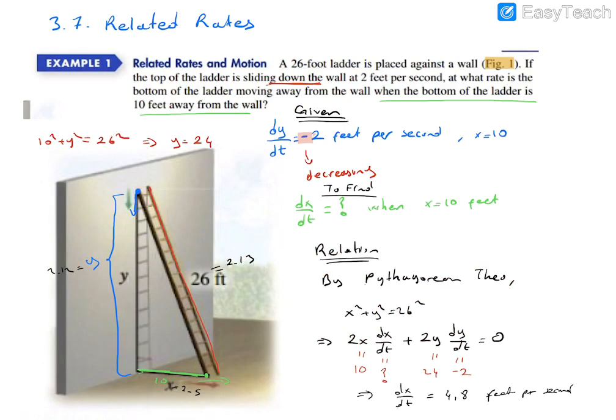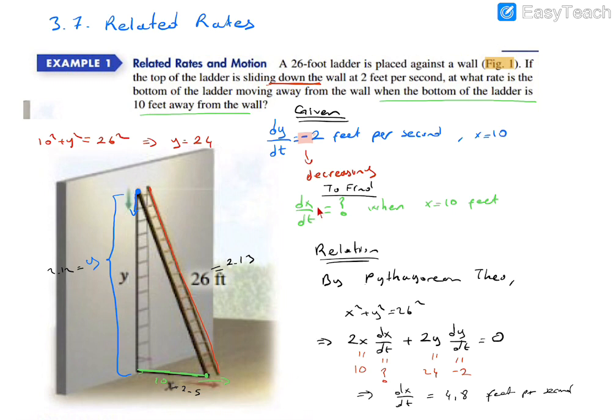According to this explanation, our variables are x and y. If a figure is given, good, but if it's not given in the question, you should sketch this figure. Identify your variables in the figure, and express all the given rates and the rates to be found.